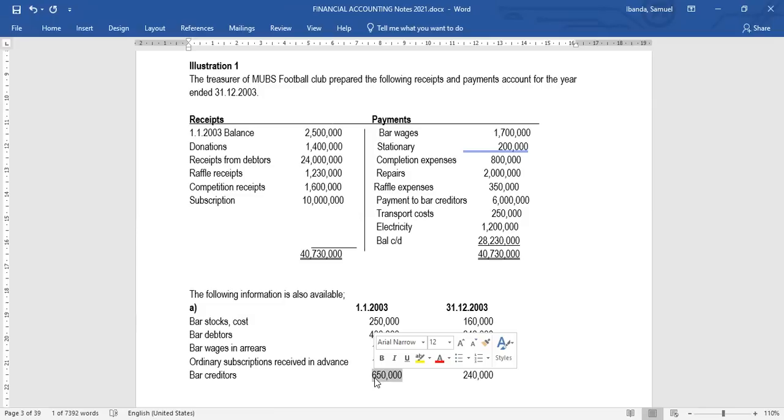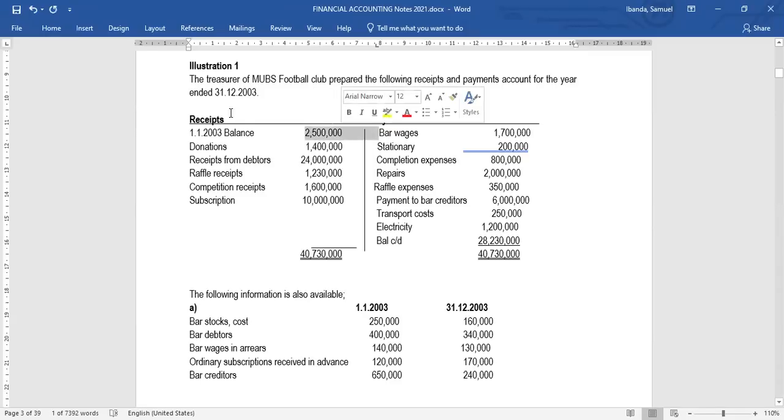Now, the other asset that I should be thinking about. So the other asset that I should be looking at is this balance, the balance brought down for my receipts and payments.